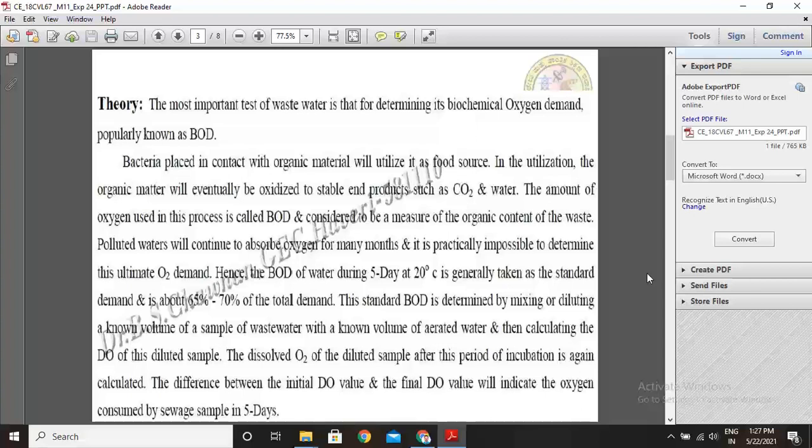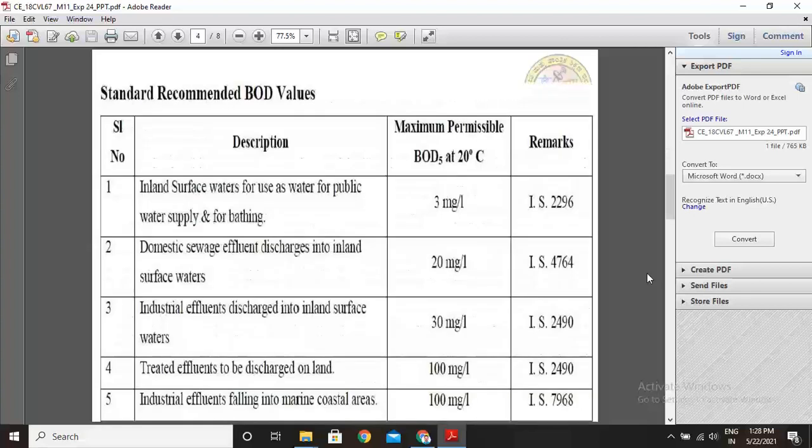The dissolved oxygen of the diluted sample after this period of incubation is again calculated. The difference between the initial DO value and the final DO value will indicate the oxygen consumed by the sewage sample in 5 days. So this is the concept of BOD.